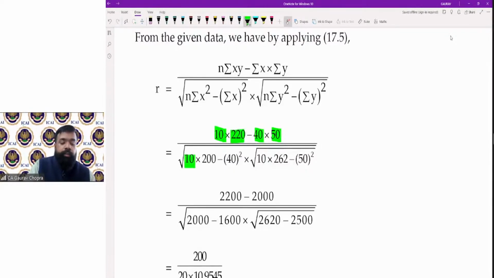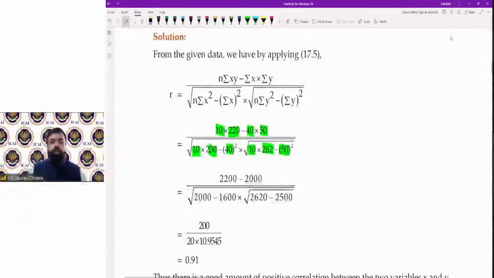So n is 10, sigma x square is 200 minus sigma x ka whole square, so it will be 40 whole square, multiplied by root of again n into sigma y square minus sigma y ka whole square. So in this way, you have to substitute the values. Now multiply and divide and get the result. So यहाँ तक कोई challenge, कोई problem किसी को? Let me know. अभी तक कोई doubts?